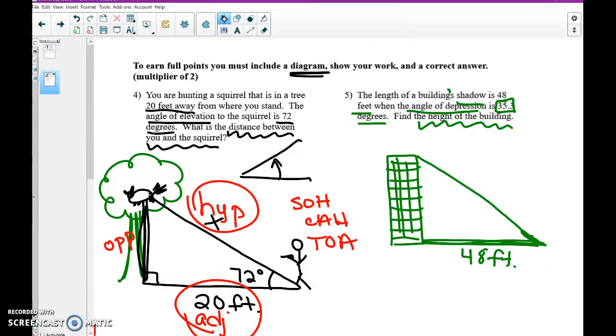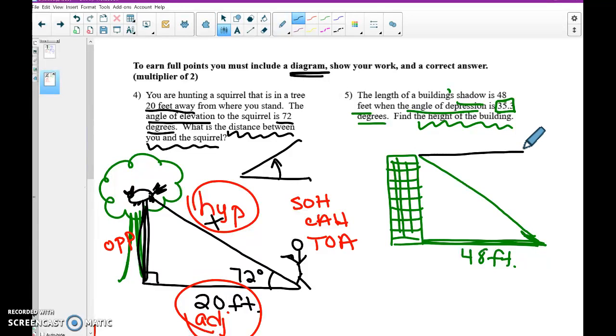So I would need a horizontal line right there. Sorry, I don't know why my pen is suddenly sticking around. I would need a horizontal line there because technically this is my angle of depression, 35.3 degrees.